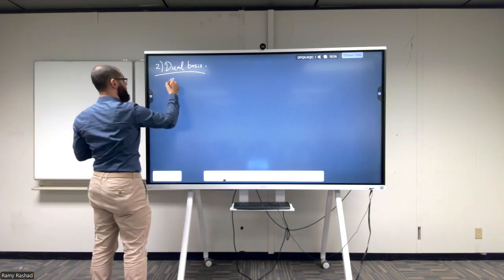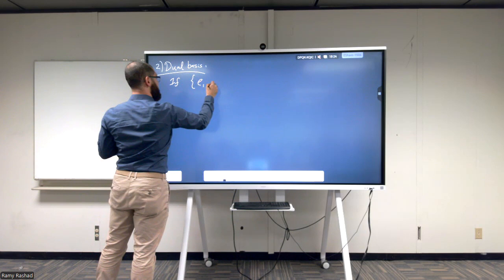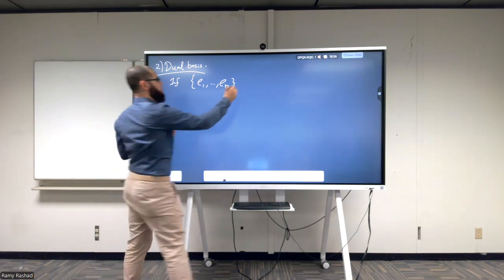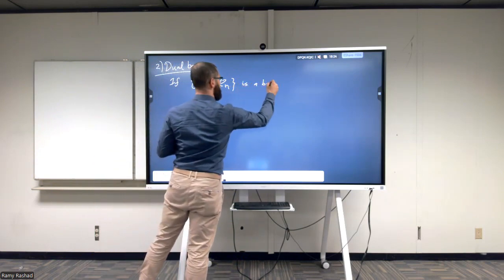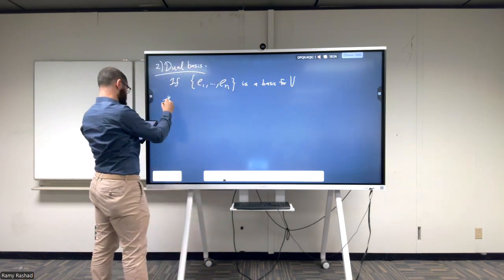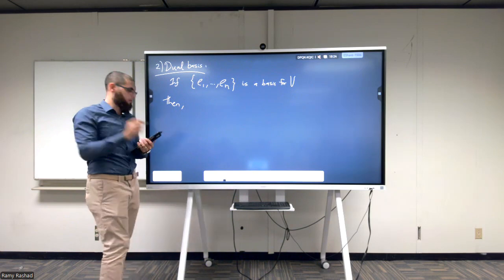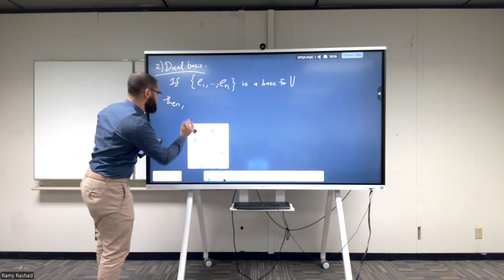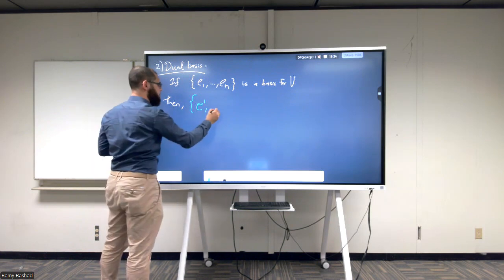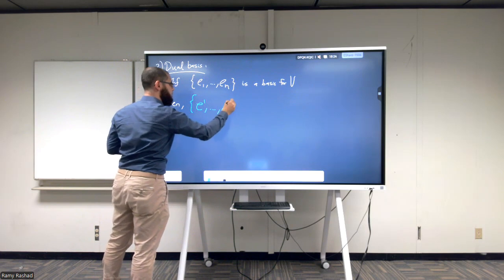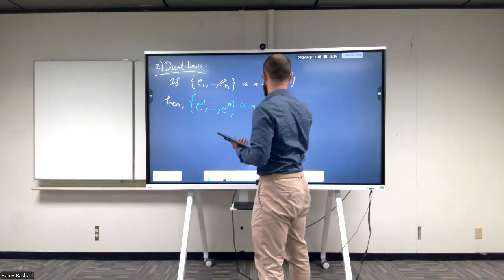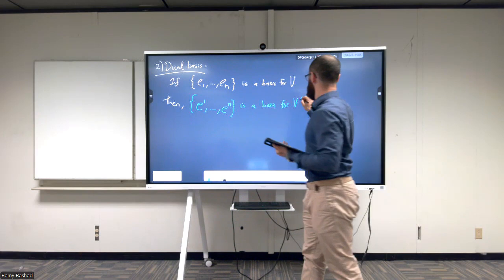So if the set E1 up to En, all of them with index down, is a basis for V, then another set, E index up, is a basis for V star.